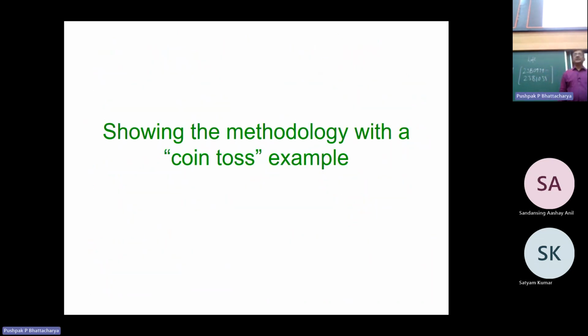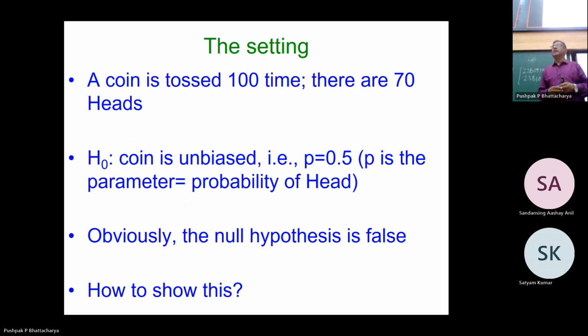So the setting is as follows. A coin is tossed 100 times, and there are 70 heads. We are doing this on the board. And the question is, do you think the coin is biased or unbiased?